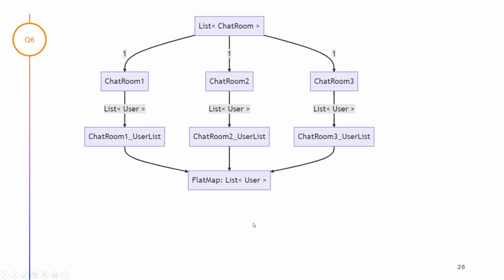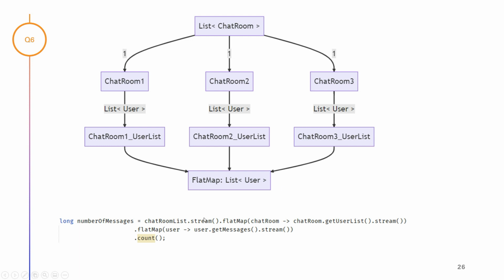So when you get the flat map of the list of users, each user has a list of messages, and you have to flatten the messages again. So flat map and then apply flat map again, and you will get the solution.